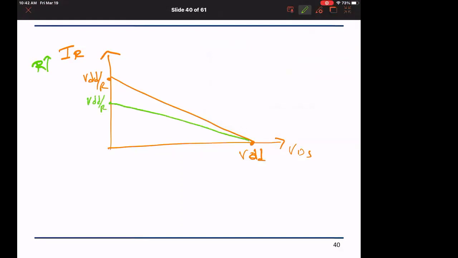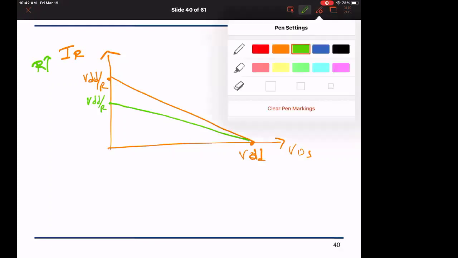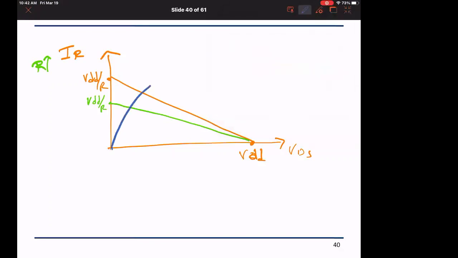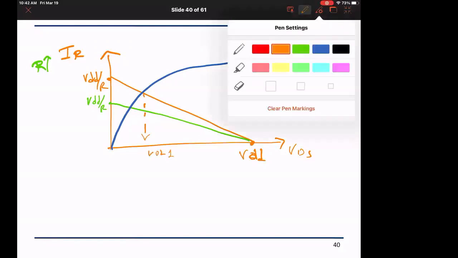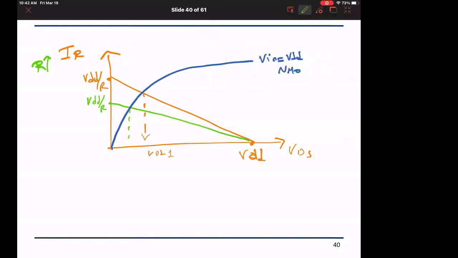Therefore, if I have this as the current characteristic when Vn equals VDD for the NMOS, then I will end up having here a VOL1 and the intersection here as a VOL2.